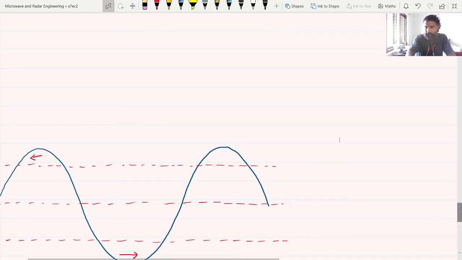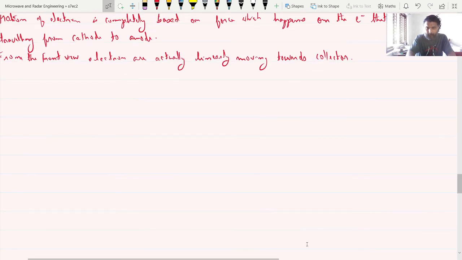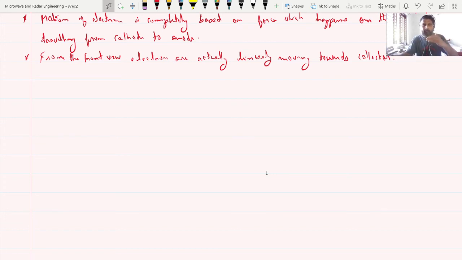For the time being, let it be there. I think it's clear. If you see from the front view, the electrons are linearly moving towards the collector, otherwise called the anode.